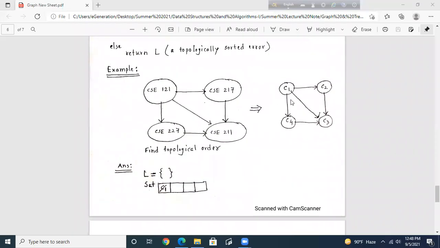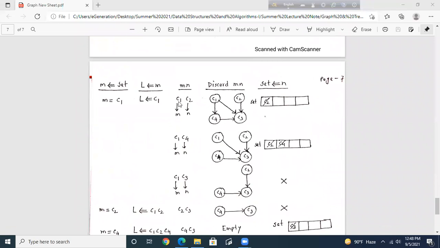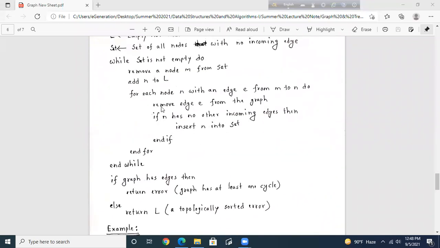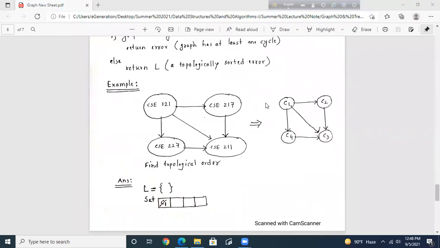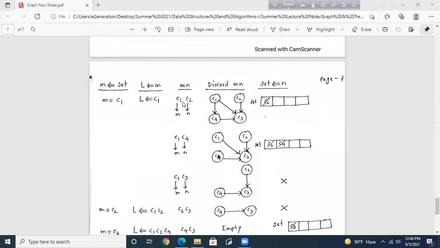Here, dear student, in the original graph, there is C1, C2. According to the algorithm, remove edge E from the graph. So I have removed the C1, C2 edge from the graph. You have to delete the edge, not the vertex.